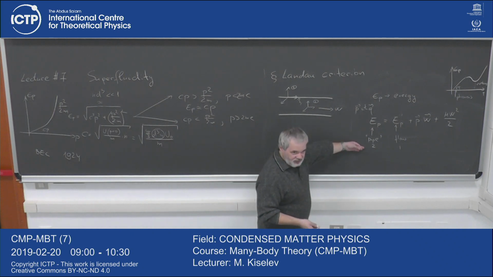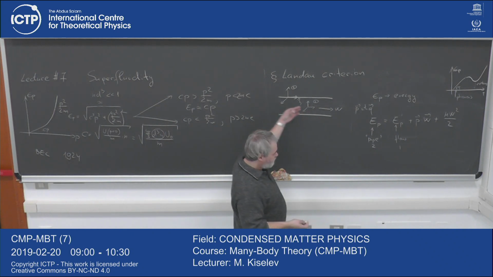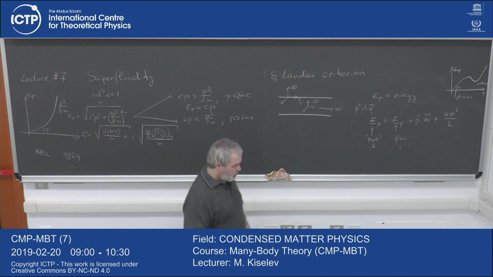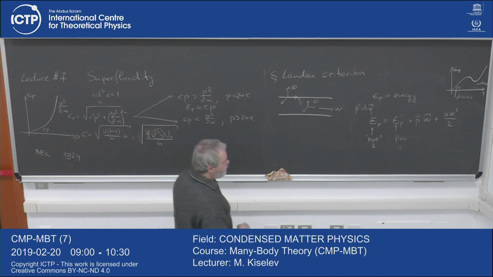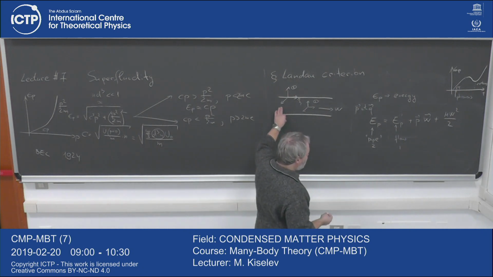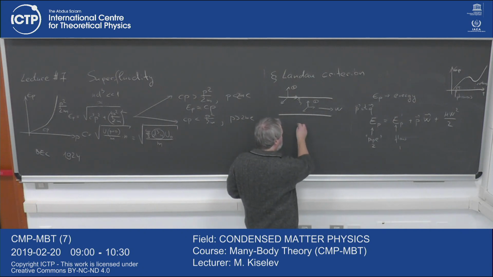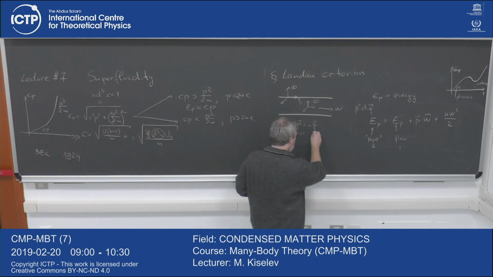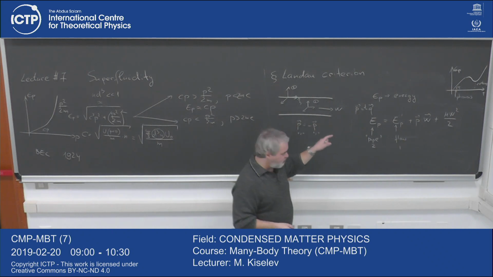However, in the system of the pipe, the flow moves, and therefore this is how it looks. But in the system of the pipe, the momentum in system 2 is equal to minus the momentum of the excitation in system 1. This is the momentum and energy of the excitation.